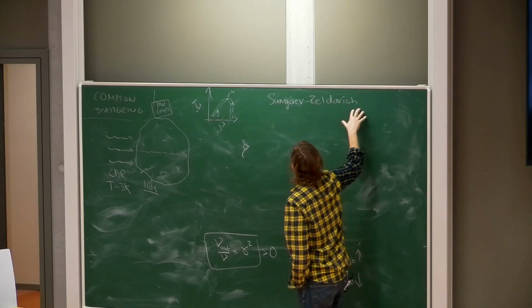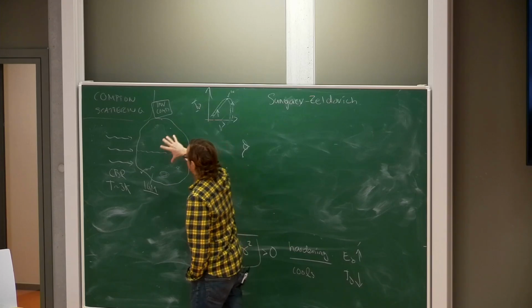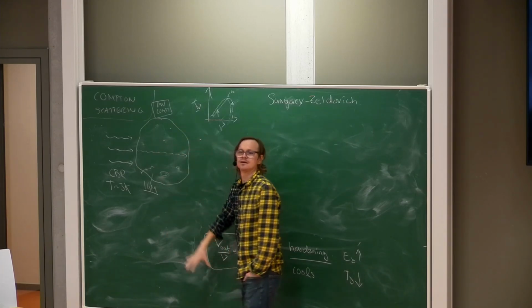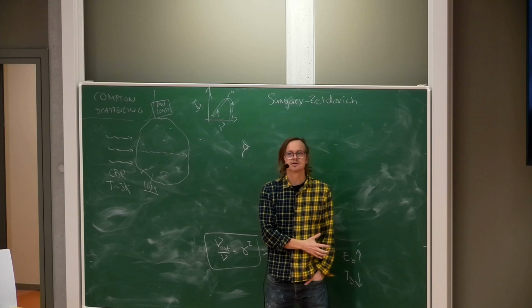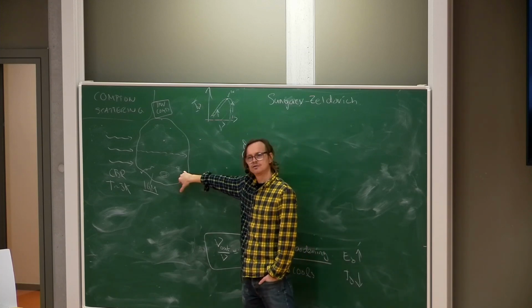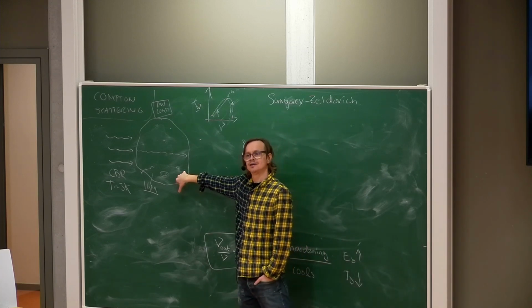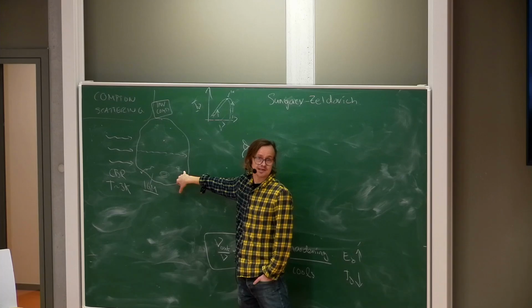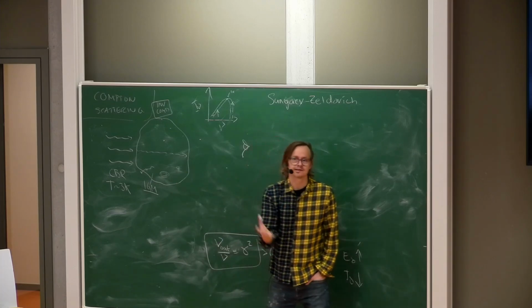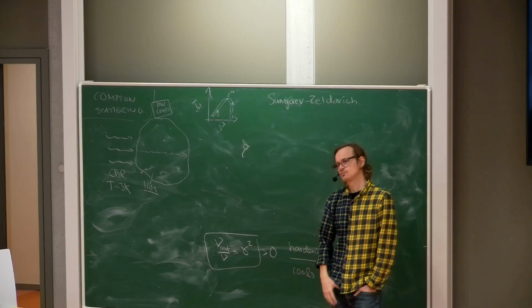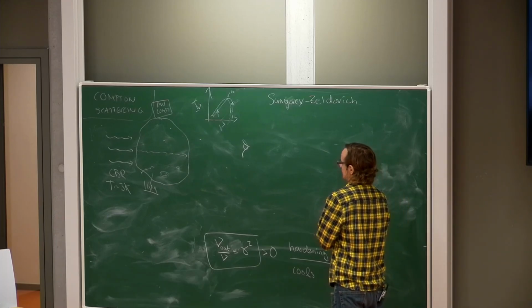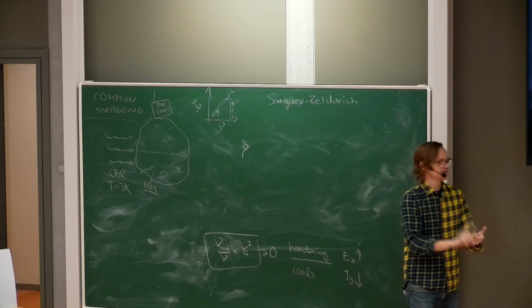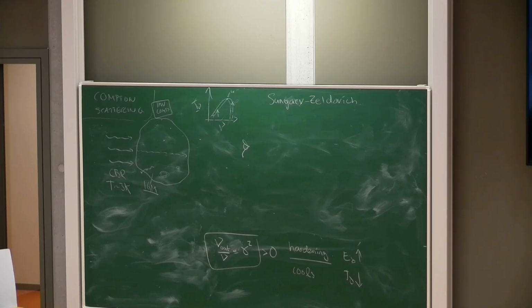And by using the Sunyaev-Zeldovich effect, you can see how those predictions of the models compare to the actual observations that we see. So that's a qualitative explanation of this. We will discuss it a little bit more during this break. All right, that was Compton scattering and inverse Compton scattering.